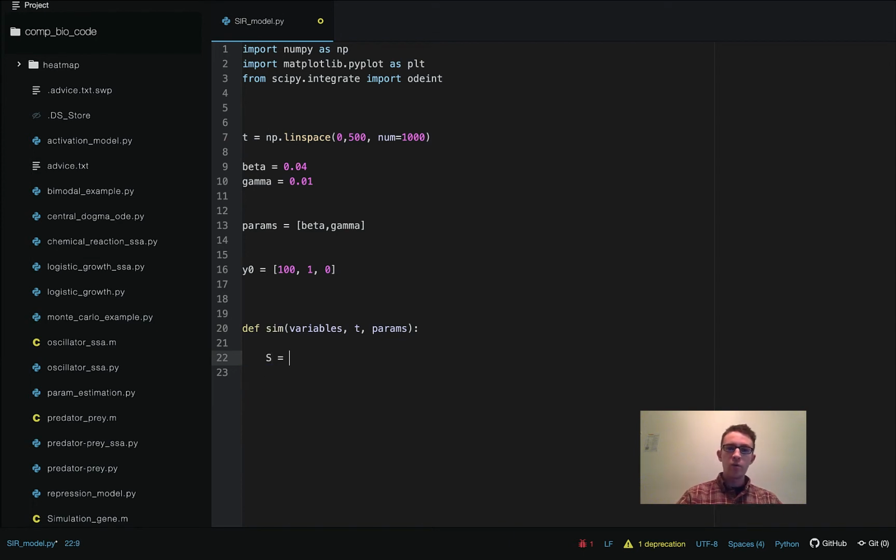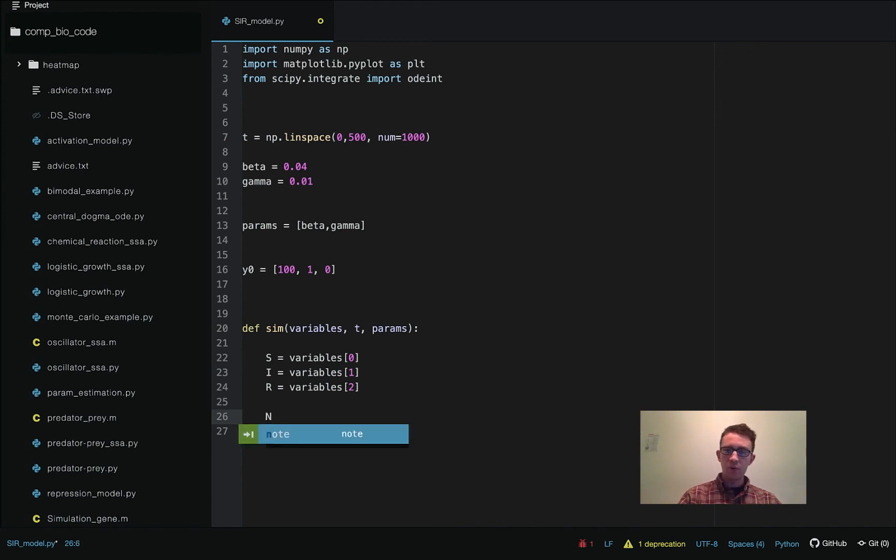So our S variable, susceptibles, is going to be the first element of our variables array, and then I, the infected people, is going to be the second element of the variables array, and then R is going to be the third element. This will make more sense if you think about going through the solver: it's going to be passing in the variables here, and they're going to be defined locally within this function. But for now, just trust me, you need to include this part here.